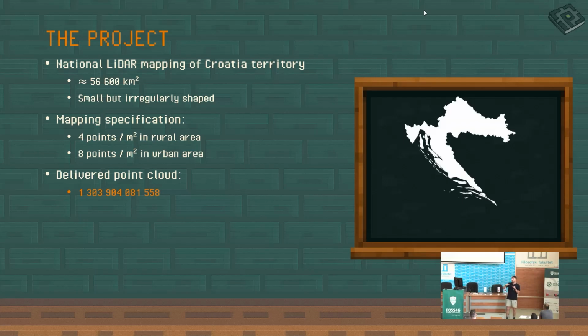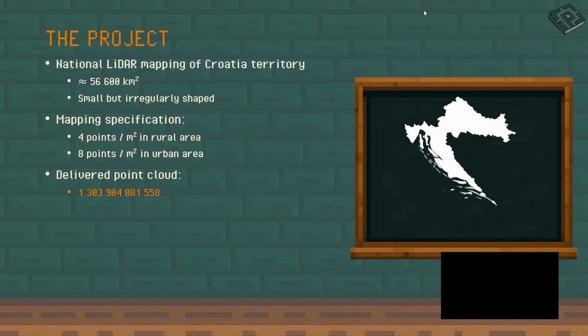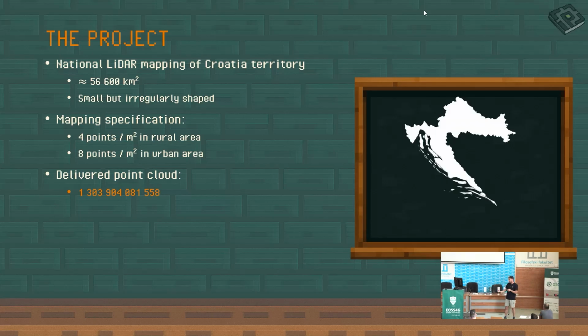If you counted all the trees in Europe, Asia, and South America, you would get about 1.3 trillion. Quite a large number. The density, the math says, is about 20 points per square meter.